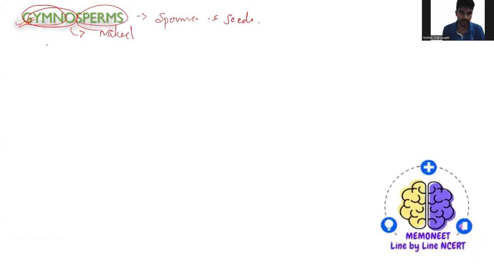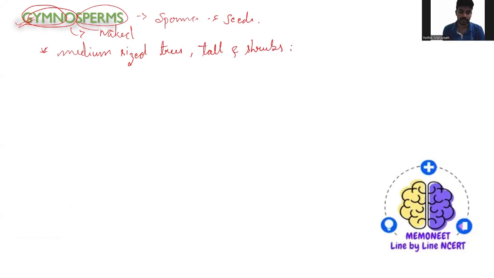Gymnosperms include medium sized trees to very tall trees, and even shrubs can also be seen.